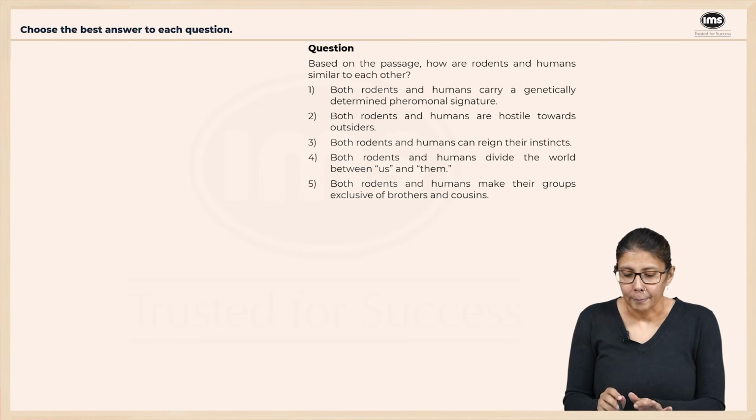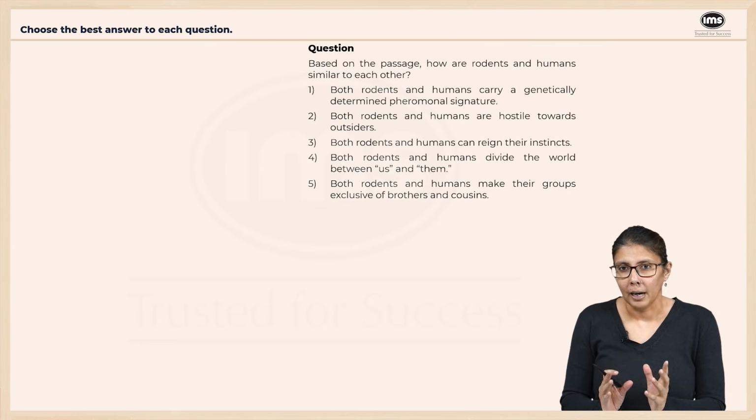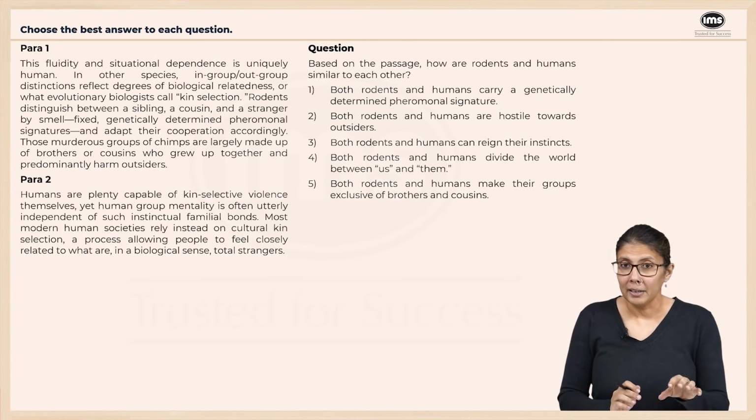The question is, based on the passage, how are rodents and humans similar to each other? To answer the questions in this passage, I think focusing on the central idea is very, very important. So yes, we are going to look at the first paragraph, but since the first paragraph is not very easy to interpret, we will also look at the second one. So in context of the second one, the first one makes sense.